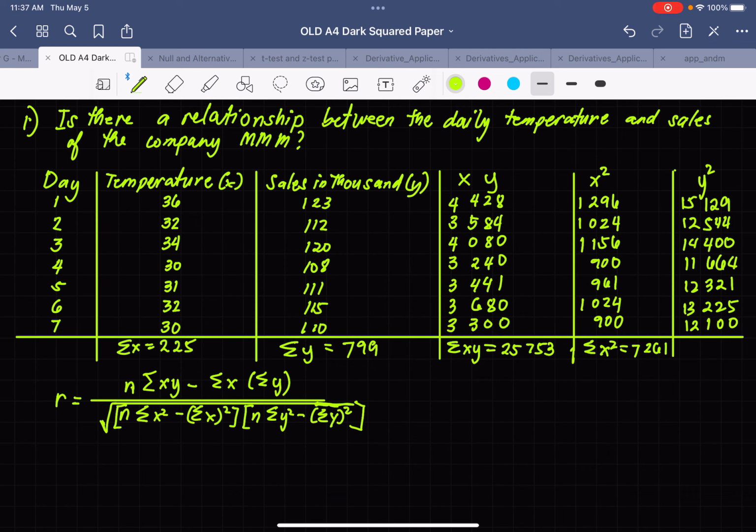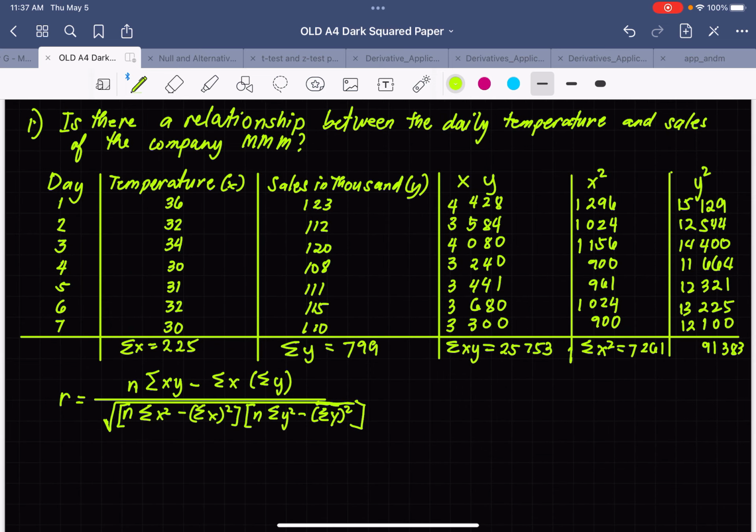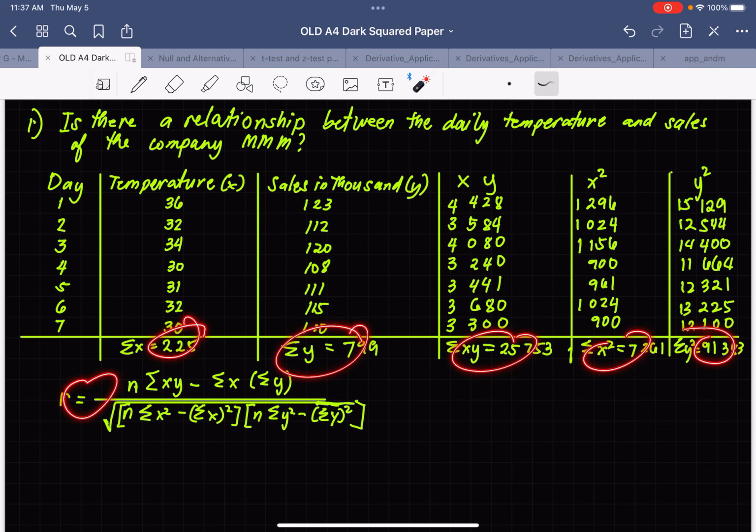Okay, so we take the sum of these, and we have 91,383. That's the summation of y squared. So we're going to use these values to solve for r.